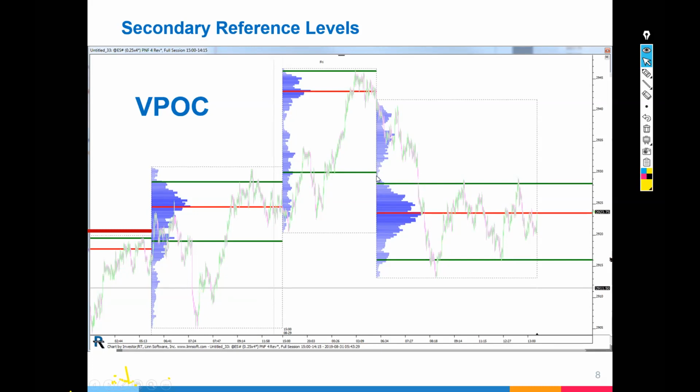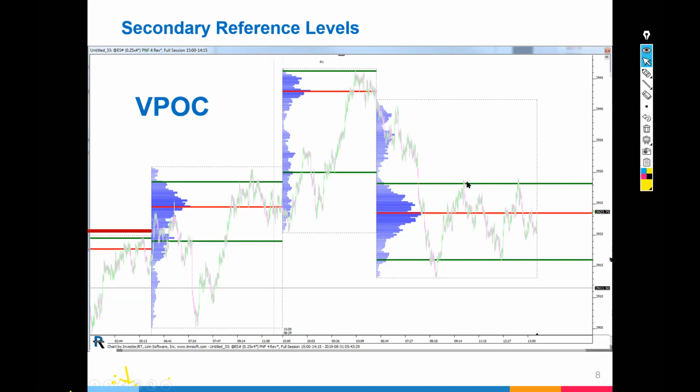So these key reference levels, the primary ones, are very important and are definitely worth looking at again and again. And you don't just sort of erase them off the chart, even though they've happened in the past. And we're always gauging what is happening now relative to what has already taken place before.